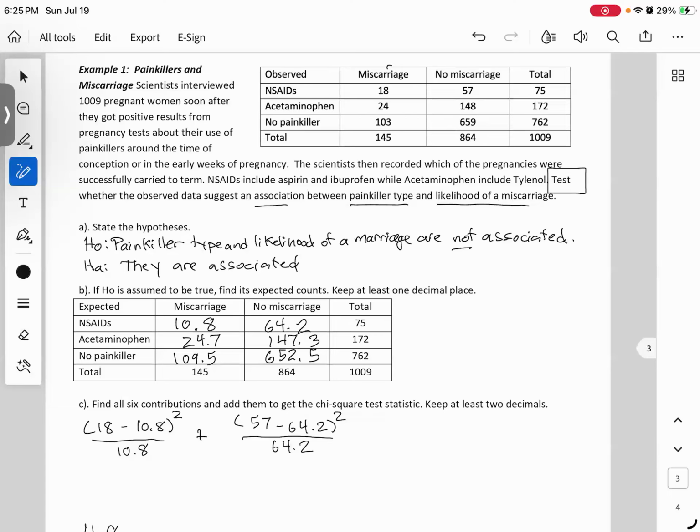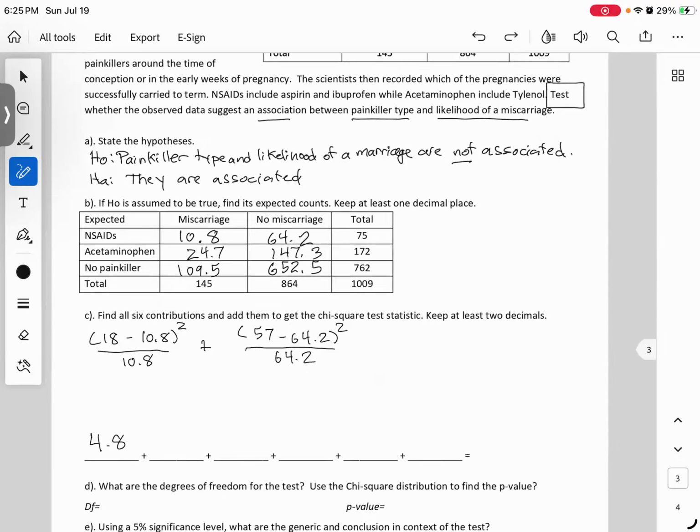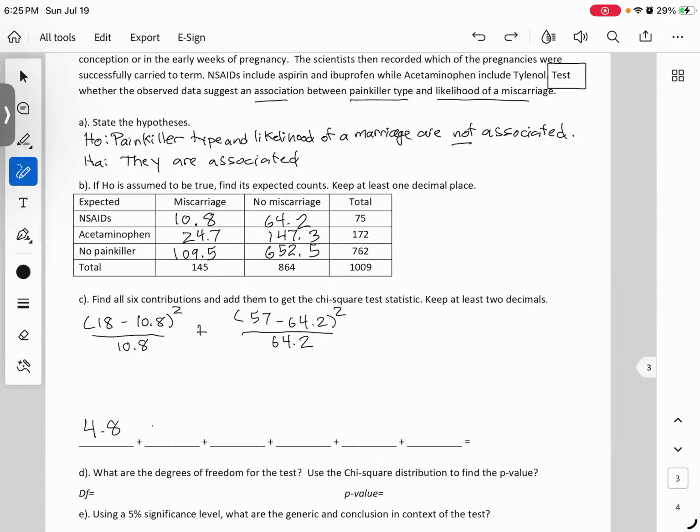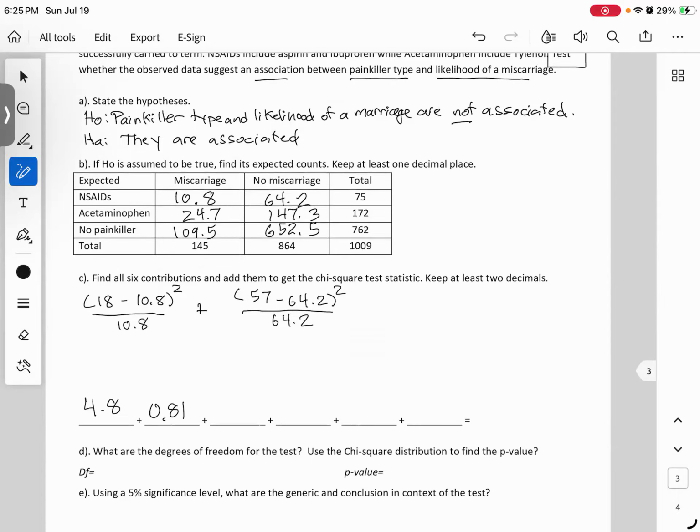And so all I did here was move on to the second pairing, which would be the 57 versus the 64.2. Again, same formula: observed minus expected squared divided by the expected. And down here, all I'm saying is that we can use these blanks as a spot to keep track of all six of our calculations.